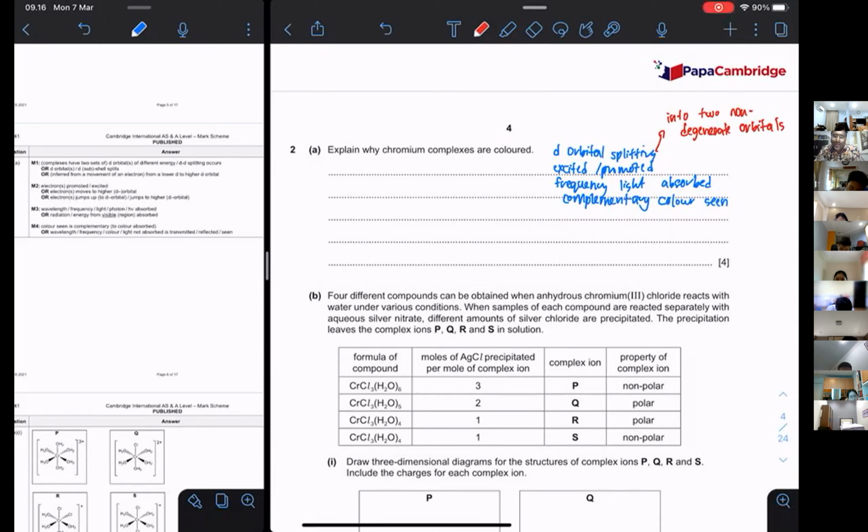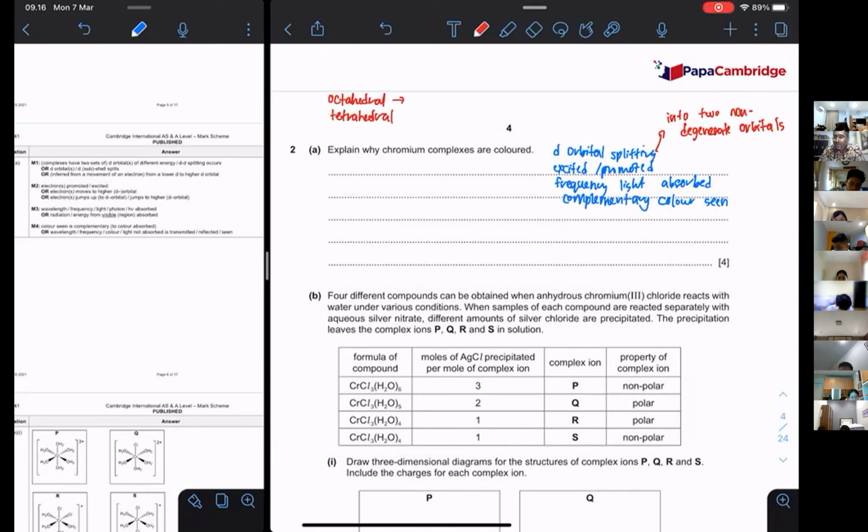Another thing also, yeah, depending on the complexes, whether they are octahedral or tetrahedral, they have different kinds of splitting. In this case, they didn't specify, so no need to write, okay. But in future, if you know that it is a tetrahedral complex, or if you know it's going to be an octahedral complex, then you should know that we have a total of 5 orbitals in d, yeah.